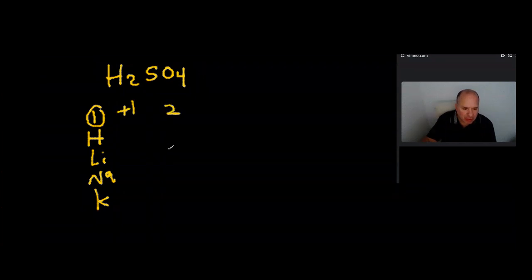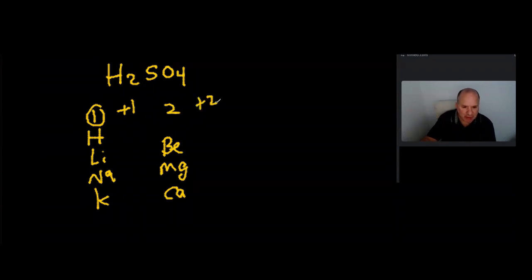Group 2, you have beryllium, then magnesium, then calcium, and then more. You can tell the group because group 1 is the first group, and it'll have a 1 on top. It has a +1 oxidation state. Group 2 elements have +2 oxidation states.